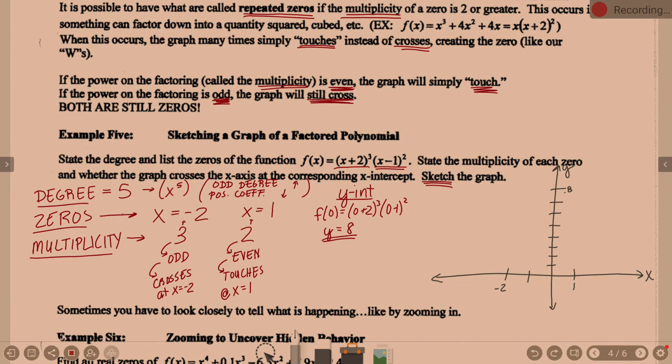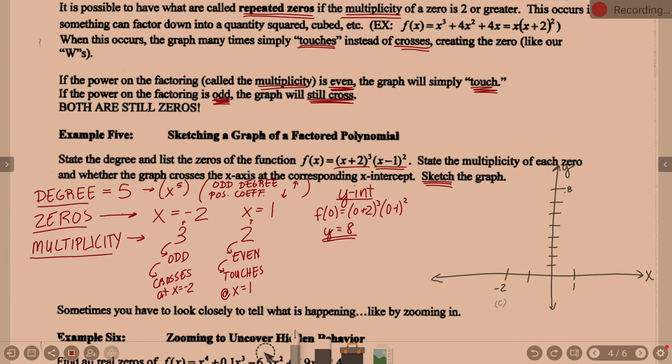Now, we know at this point, what is going to be happening at our 0 of negative 2? My graph is going to be what? Crossing or touching? Crossing. Okay. Not saying you have to, I'm putting a little C down there just for my brain. What's going to be happening at 1?